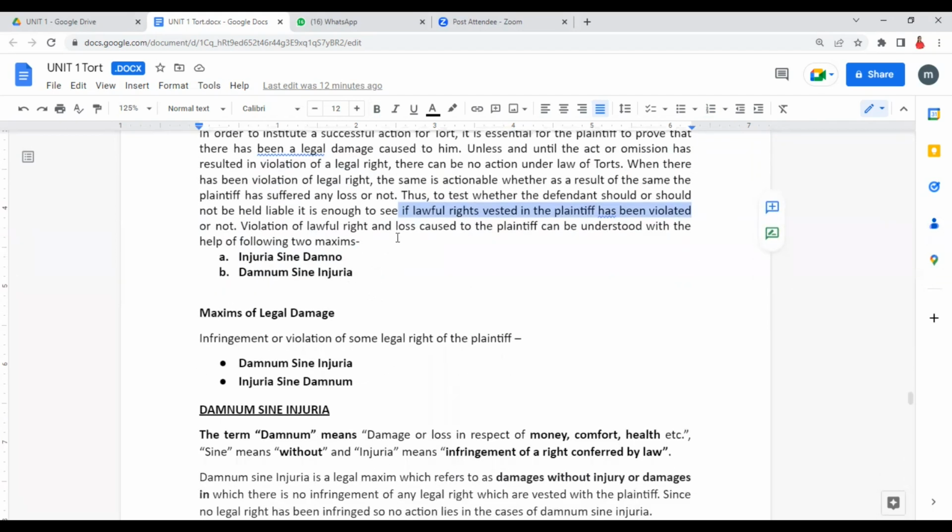In order to understand legal damage, we have two maxims: injuria sine damno and damnum sine injuria. These two maxims explain what is legal damage, in what cases we can claim for compensation, and in what cases we cannot claim for compensation.